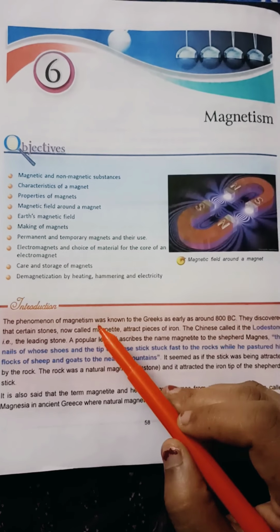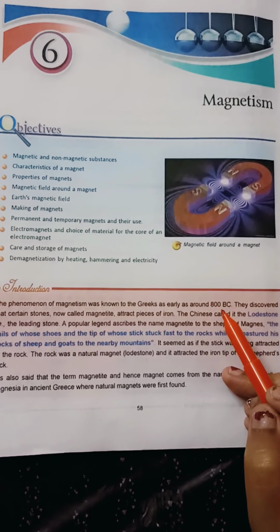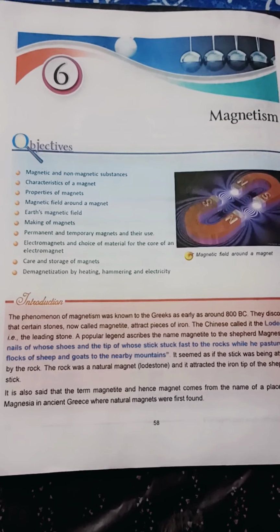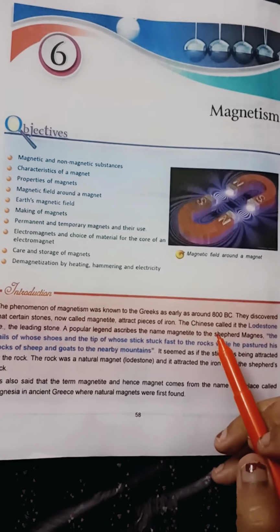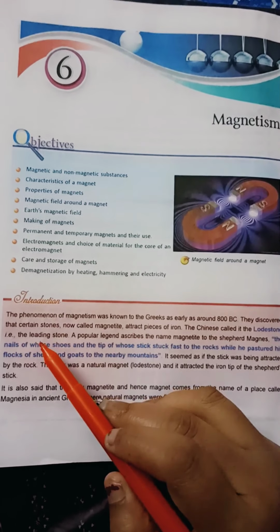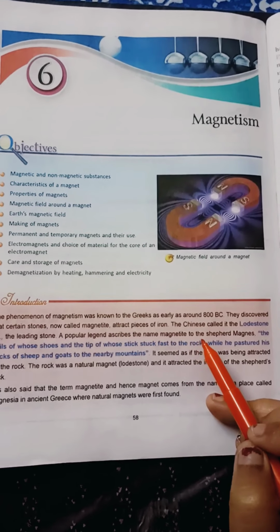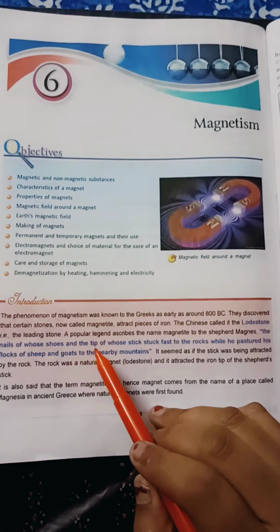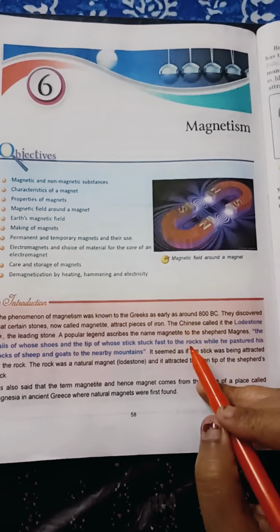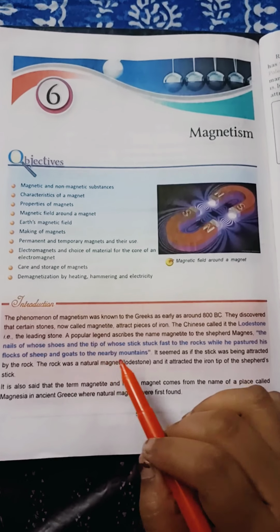The phenomena of magnetism was known to the Greeks as early as around 800 BC. They discovered that certain stones, now called magnetite, attract pieces of iron. The Chinese called it lodestone, i.e., the leading stone. A popular legend ascribes the name magnetite to the shepherd Magnus, the nails of whose shoes and the tip of whose stick stuck fast to the rocks while he pastured his flocks of sheep and goats on the nearby mountains.